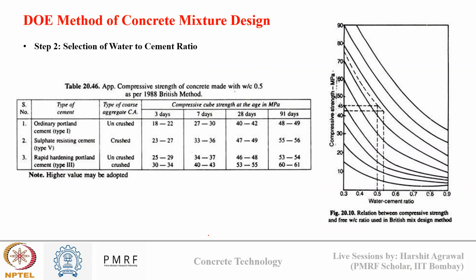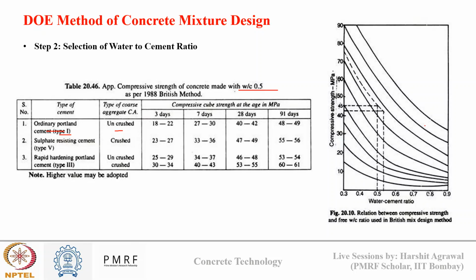After selecting the required compressive strength that we demand from concrete, for W by C ratio determination, DOE method provides a table and a corresponding figure, as you can see on this slide. First, in the table, for a known cement type and coarse aggregate type, we determine the approximate compressive strength that can be made with W by C ratio of 0.5.